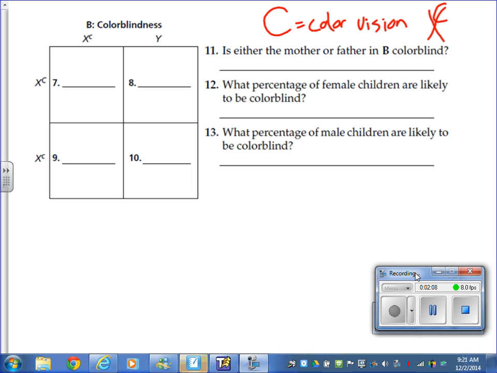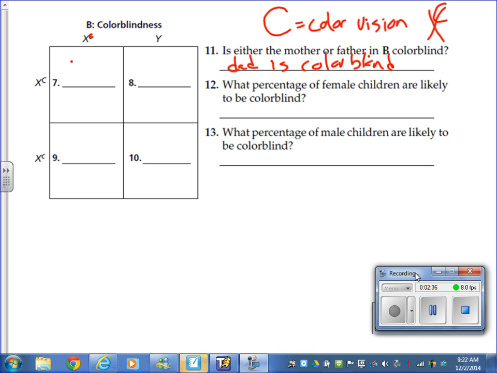So it gets a little bit complicated here, but it looks to me like the dad here is colorblind. Is that true? Dad is colorblind.